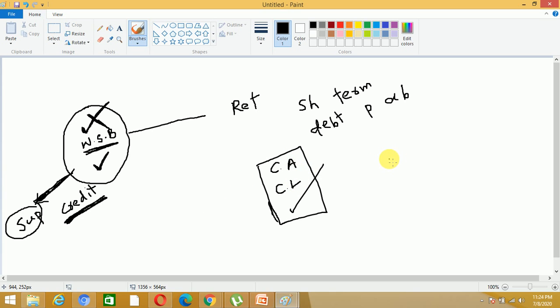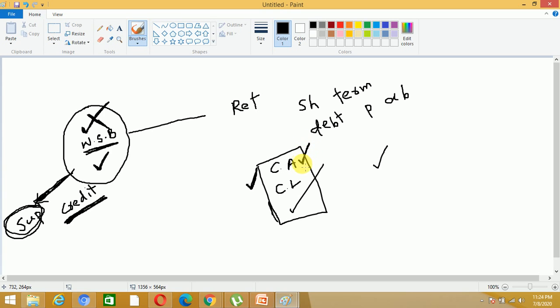So the first external users of financial statements are trade creditors, and they are interested in the liquidity of the firm. Liquidity means whether you can pay your short term liabilities on time or not.